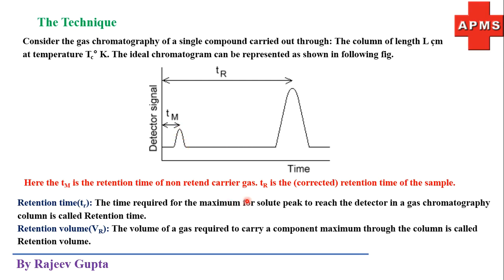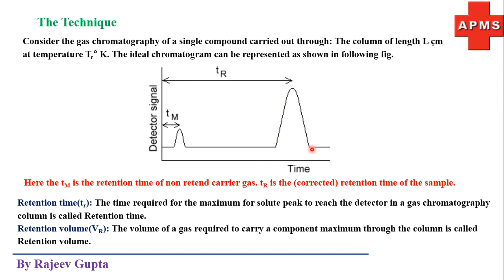But after some time, the second peak is for this unknown single compound. This compound interacts with the stationary phase and is retained more time in the column, or we can say it passes more time inside the column compared to the carrier gas. So it comes out of the column after some time.